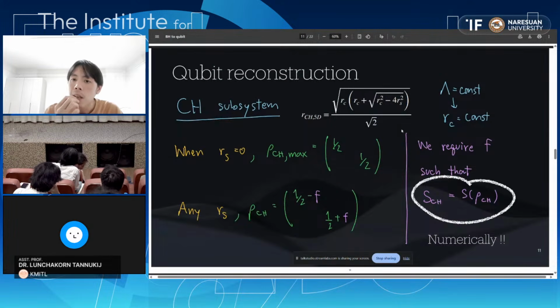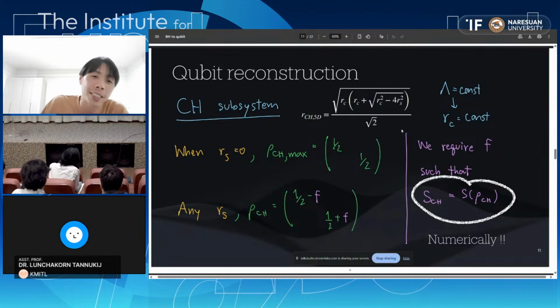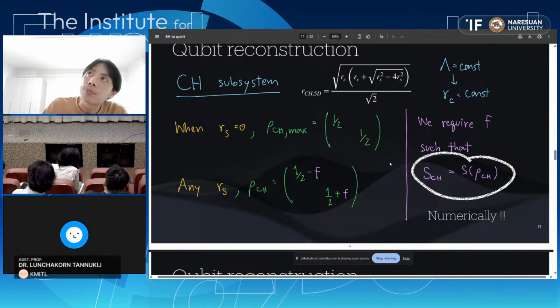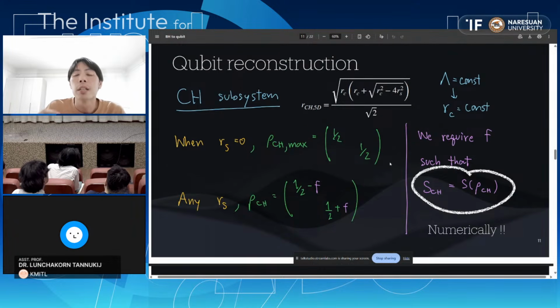At first, I know how to find the entropy of a qubit, and I know how to find the entropy of the black hole horizon. That's my first motivation. And secondly, well, you know what? I really don't know.